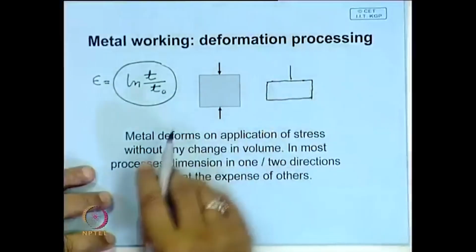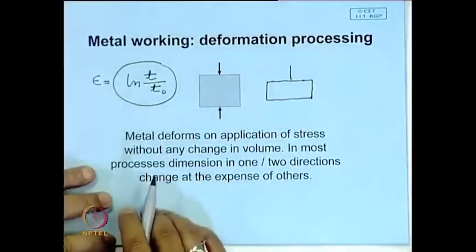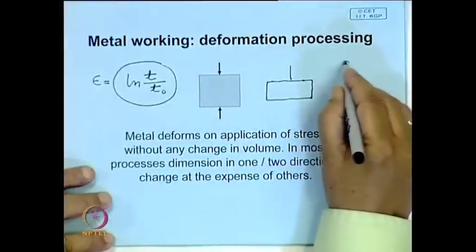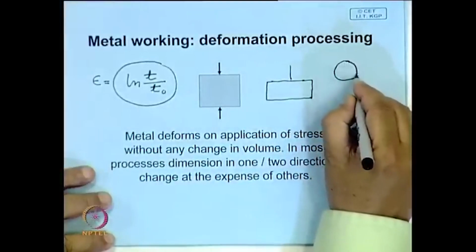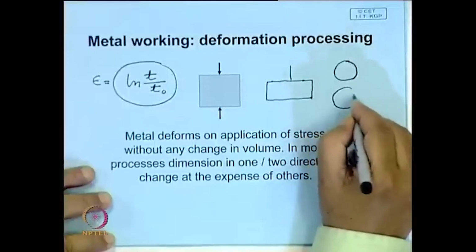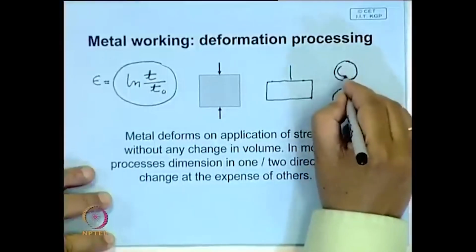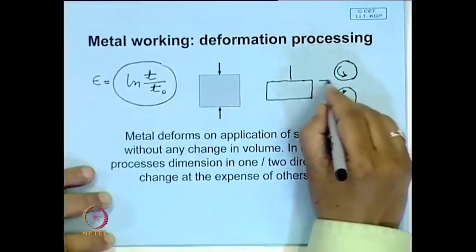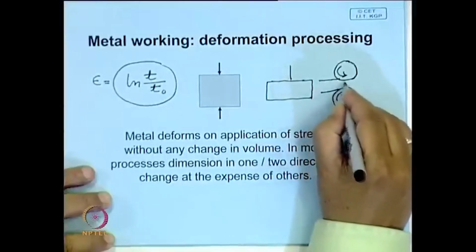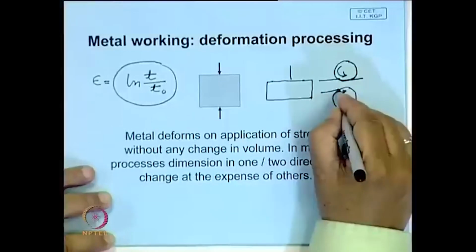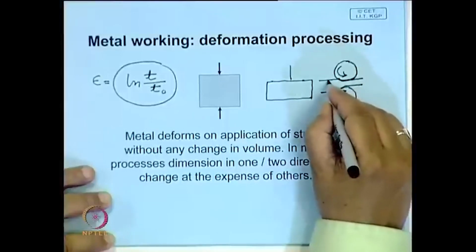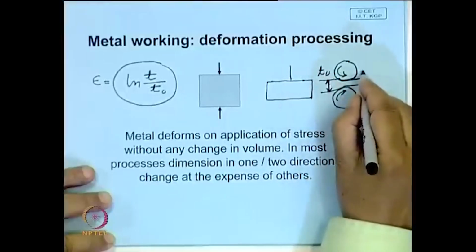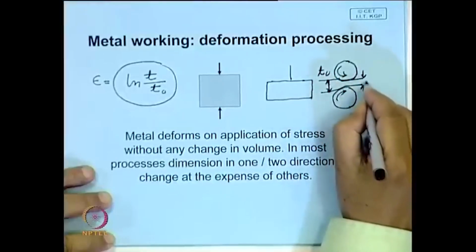In that case, it is a situation of plane strain compression, and likewise rolling is also a plane strain condition, where you have two rolls rotating at a constant speed and the job goes through this, with T 0 the initial thickness and this the final thickness.